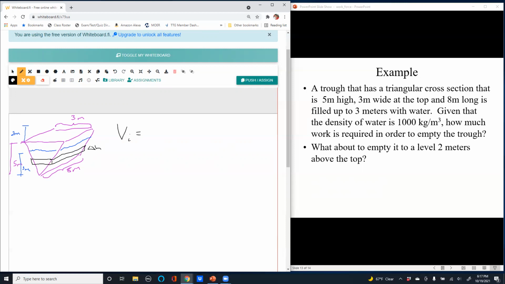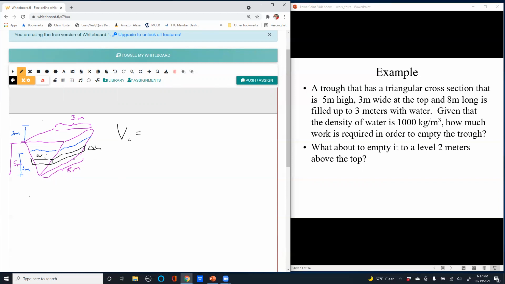Well, the volume is this rectangular solid. But notice that this side, whether I take the slice here, up here, or down here, will always vary. That means it needs a variable, and it's not in the same direction as my delta h. So let's call it the width, w sub i.